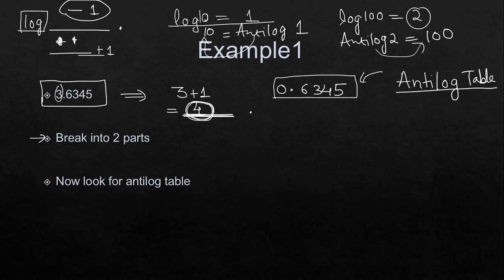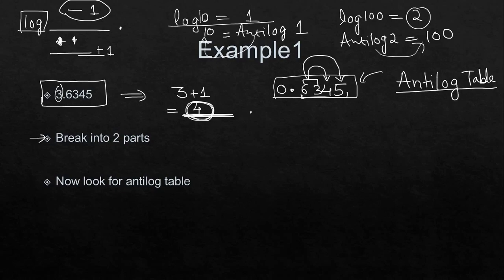What we're going to do is, after the decimal, whatever digits are there, we use them. First, we use the pair of digits, that is 63. We look at 63 corresponding to column number 4. Then again we look at 63 corresponding to column 5 in the mean difference.